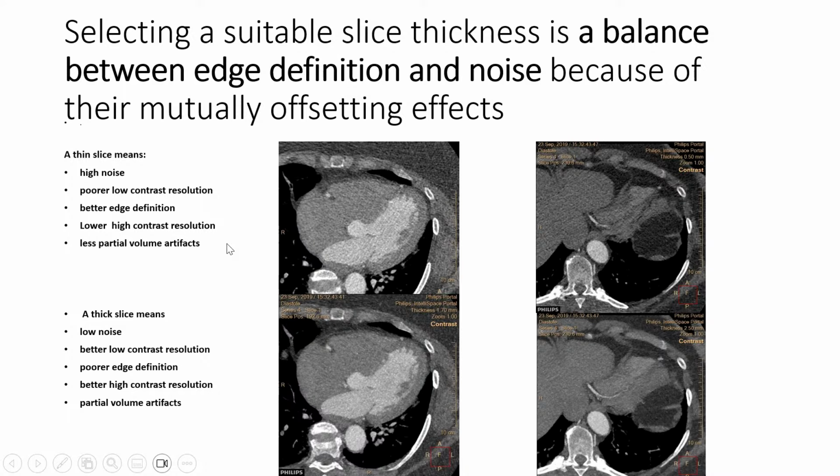Also, when you have a very thin detector, it doesn't get much signal input, so it's going to be noisy, and you need to give higher energy to get more signal. So when you went from 16 slice CT to 64 slice CT, if you want to produce similar images with the same signal-to-noise ratio, you have to actually increase the radiation dose.